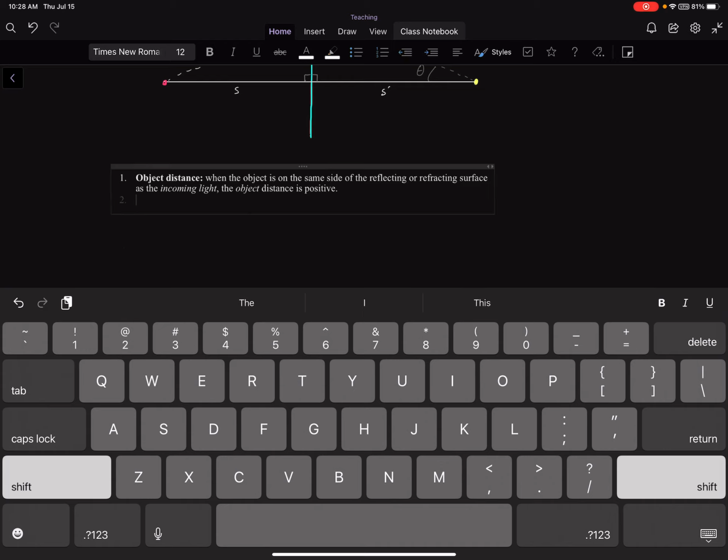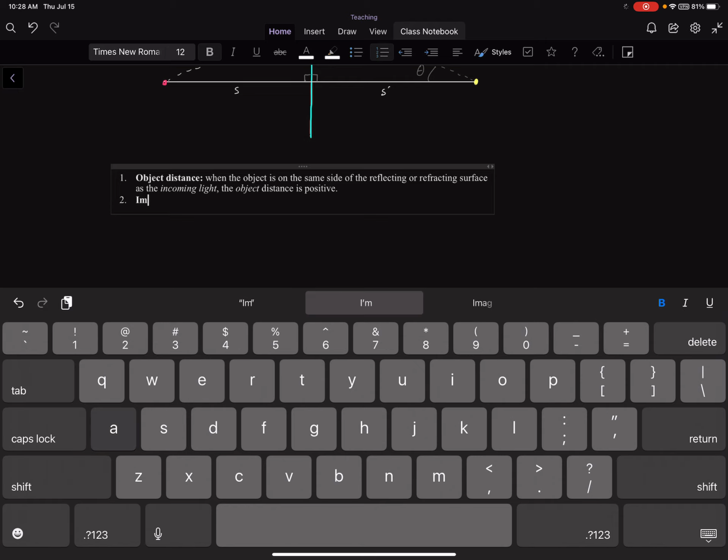All right, so then the next sign rule, there are 3 of them, is about the image distance. It says that when the image is on the same side of the reflecting or refracting surface as the outgoing light, the image distance is positive.